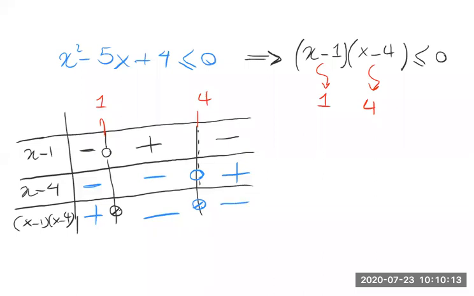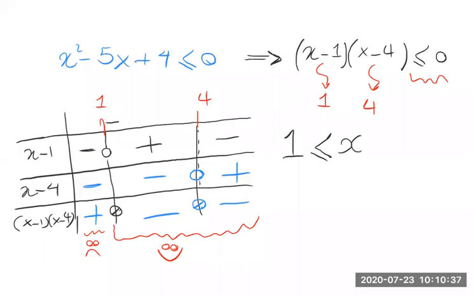We are interested in the case where this multiplication is less or equal than 0, so either negative or 0. So this is the part we like. This is the part we don't like. So we like it when x is greater or equal than 1. We like it from here to infinity.